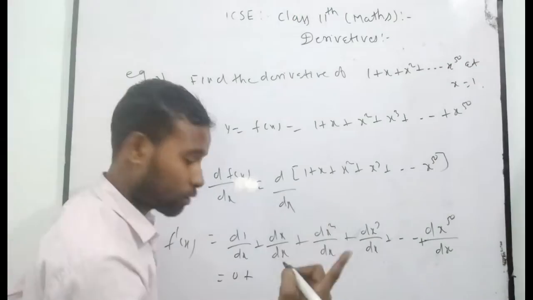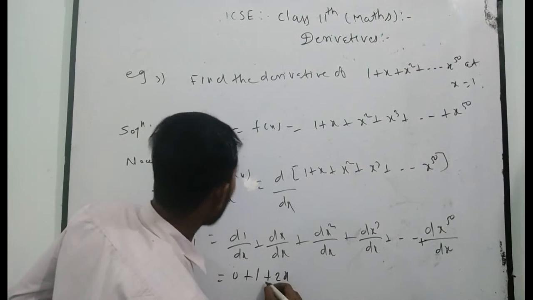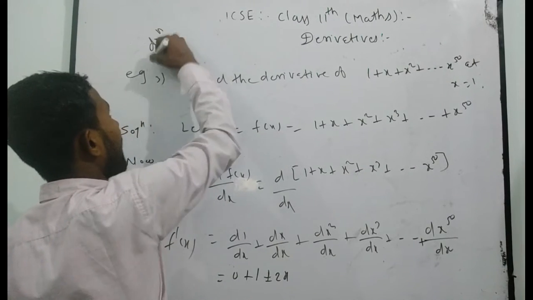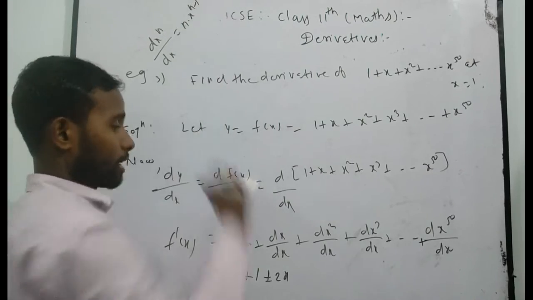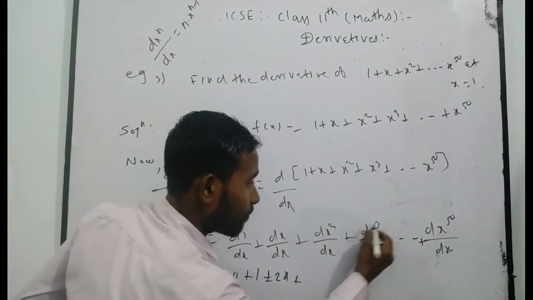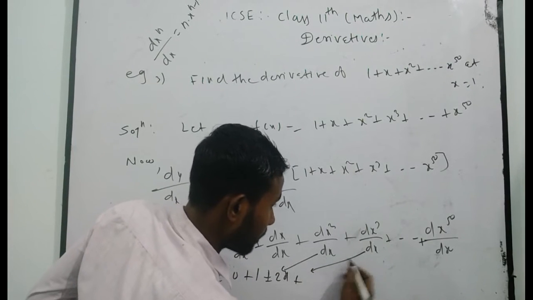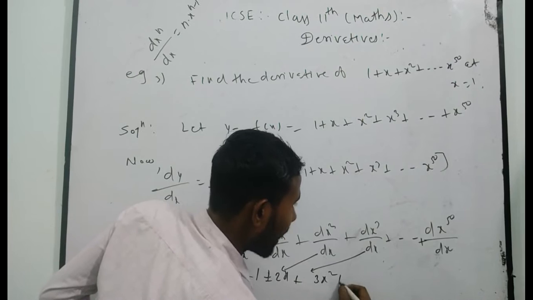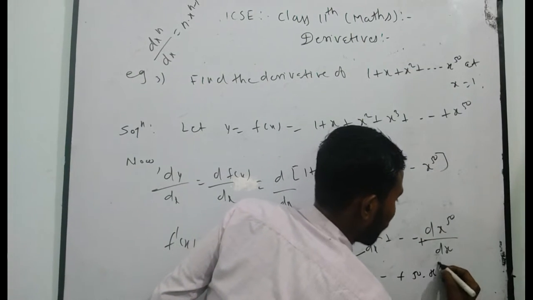The derivative of x with respect to x will be 1, plus the derivative of x square with respect to x will be 2x. How? Using this formula, the derivative of x to the power n with respect to x will be n into x to the power n minus 1. Similarly, the derivative of x cube will be 3x square, plus dot, and the derivative of x to the power 50 will be 50 into x to the power 49.